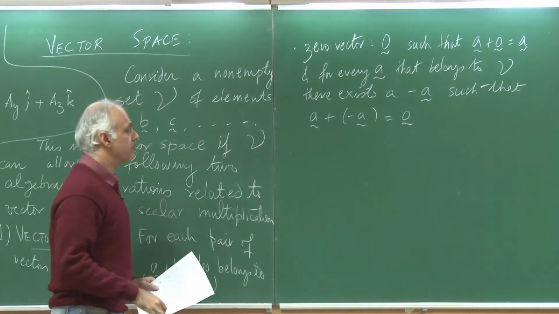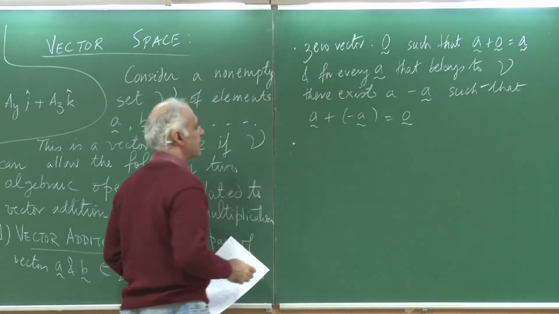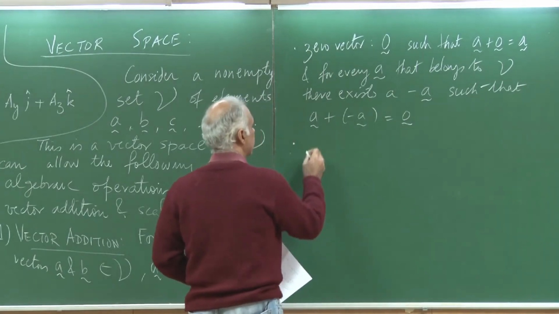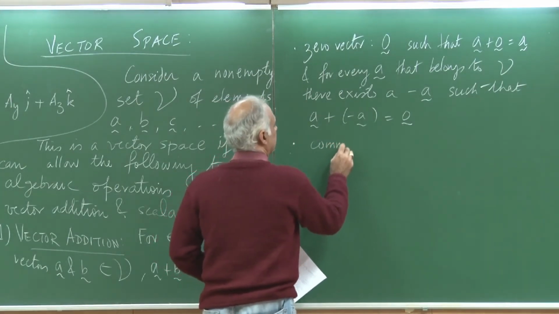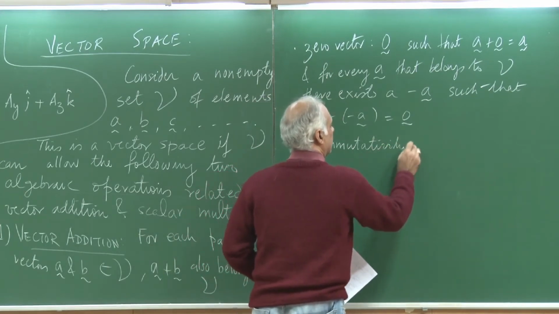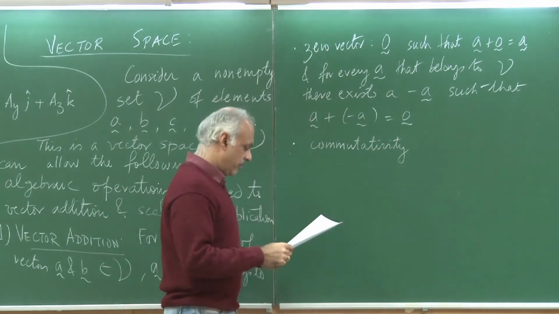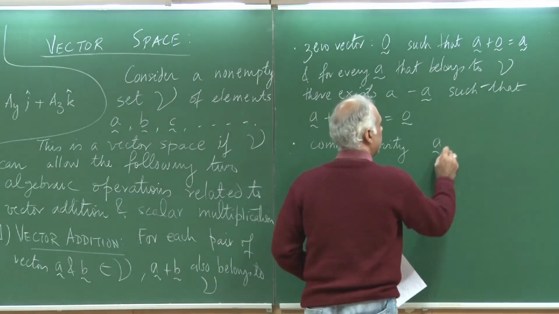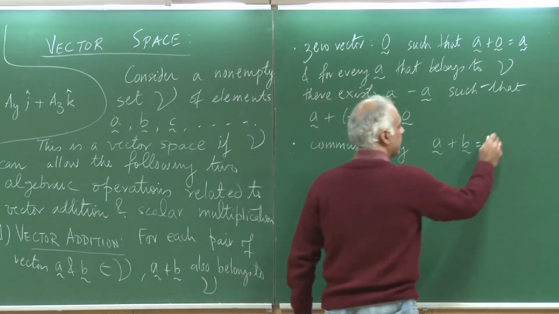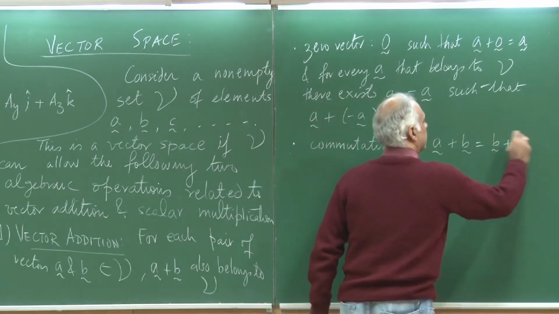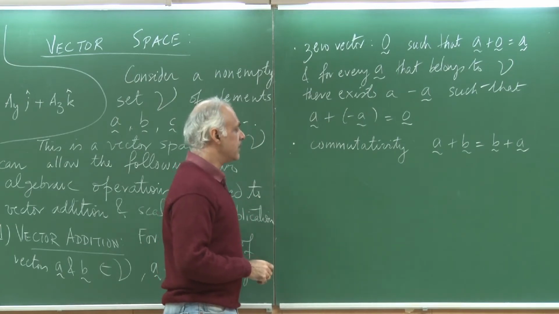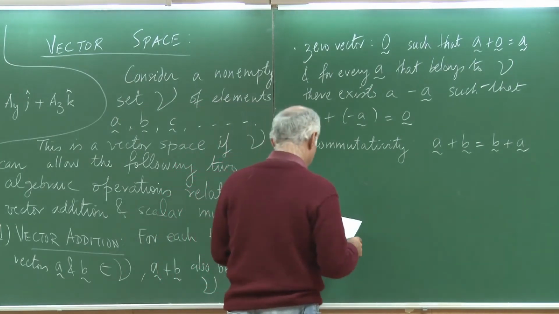I should also respect two other properties, the commutativity and associativity. So let us write down. If I take two vectors, A plus B, then they should be identically equal to the sum B plus A. So therefore the addition should be commutative.